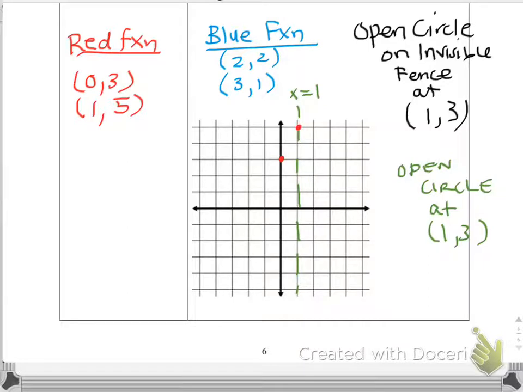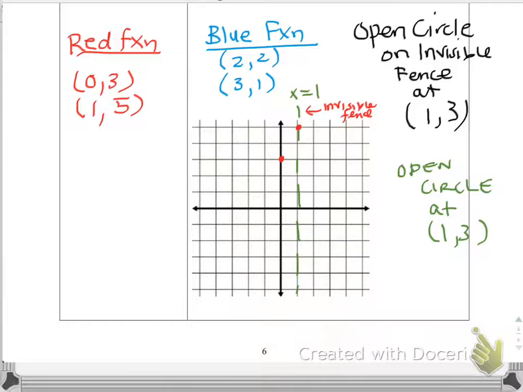And I should say, this green dotted line I drew is an invisible fence, and it is not part of your graph. When you're doing a piecewise function, you draw it to help you divide your piecewise function. But when we get further and talk about asymptotes, you're going to have to take that off.